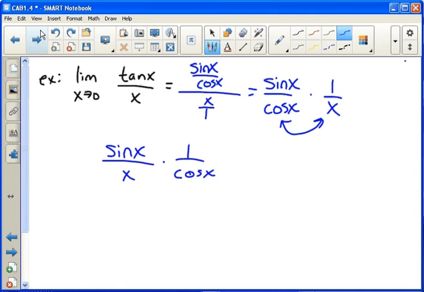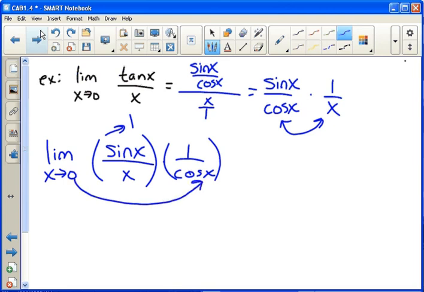Well, this one I now recognize. Sine of x over x has a limit of 1. And this piece over here I don't recognize, but I can use direct substitution. If you look back at the two rules I have, you can't use direct substitution because there's an x in the bottom. But here, if I plug in 0 for x, cosine of 0 is 1, so this also goes to 1, and that is the answer. 1 times 1 is 1.